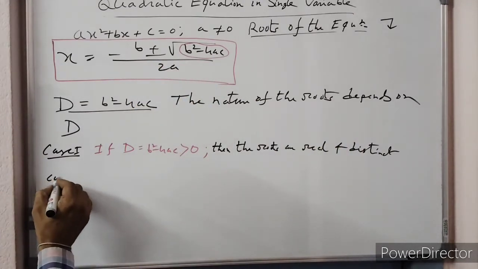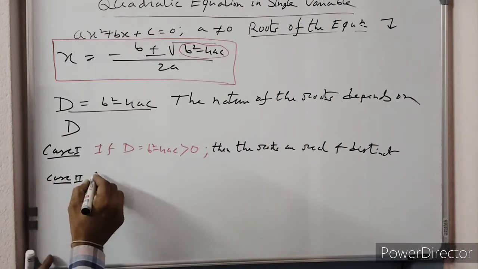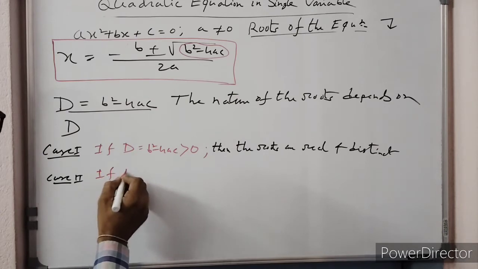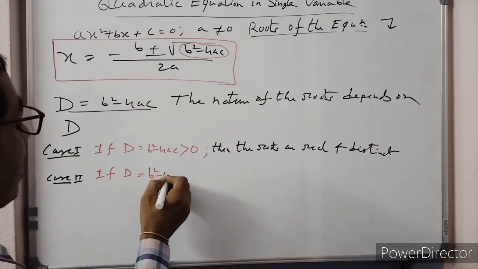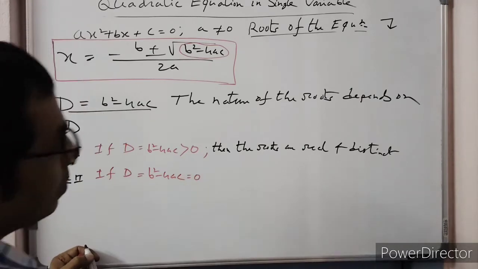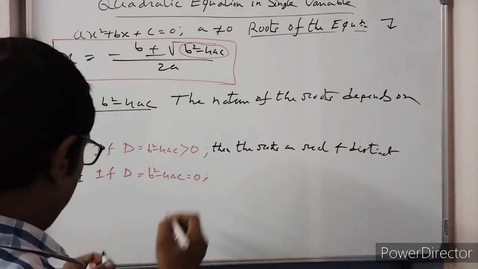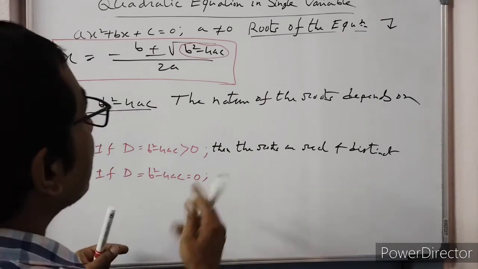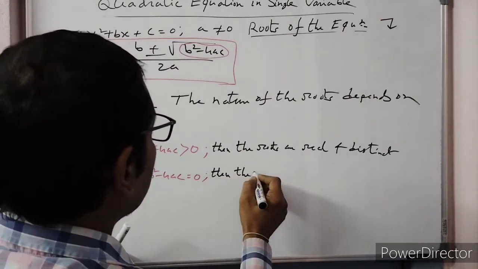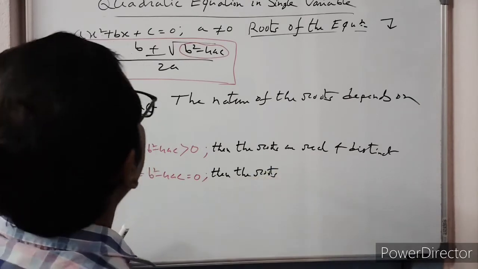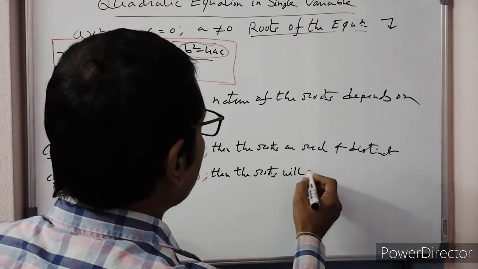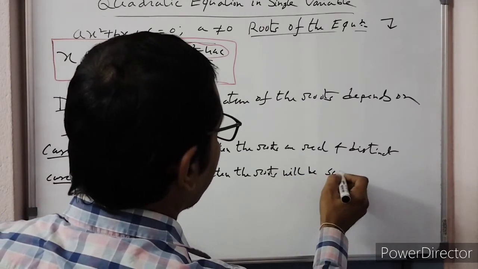Case number 2: if D, that is b square minus 4ac, equal to 0, then the roots will be same.